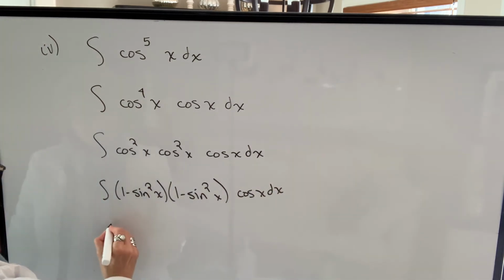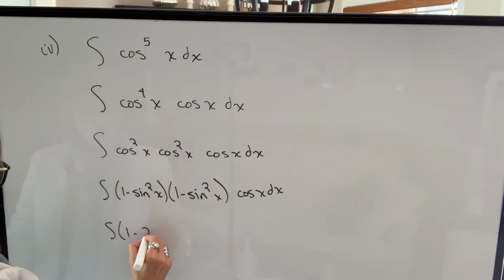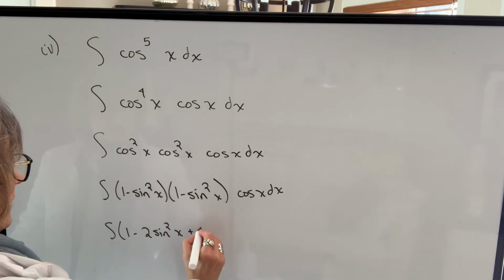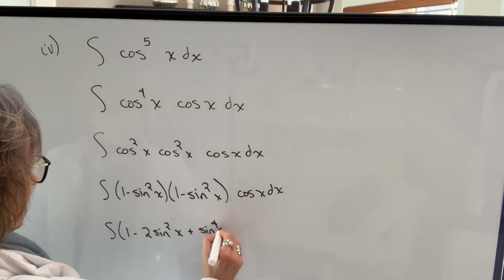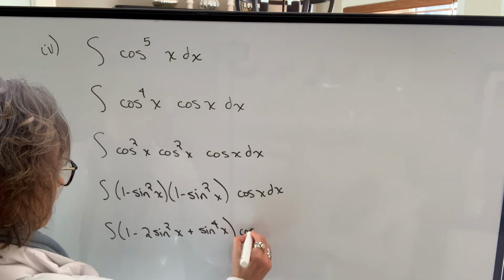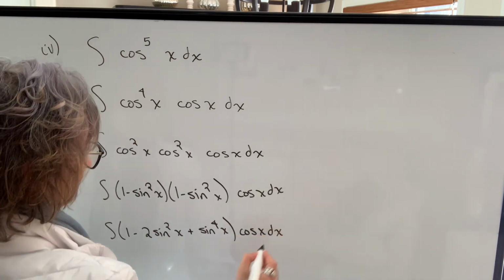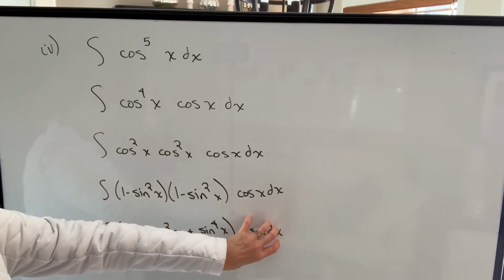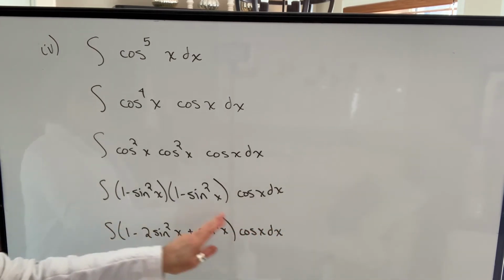I'm going to FOIL this, so I'll have 1 minus 2 sine squared x plus sine to the 4th power of x. I don't have to do any other manipulation because I have this factor here. I'm going to just distribute that to each term.